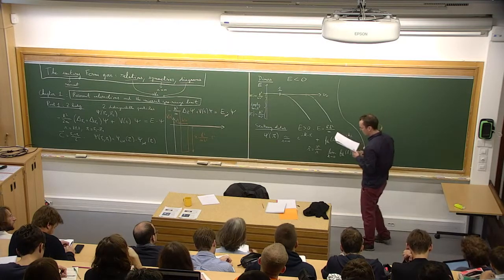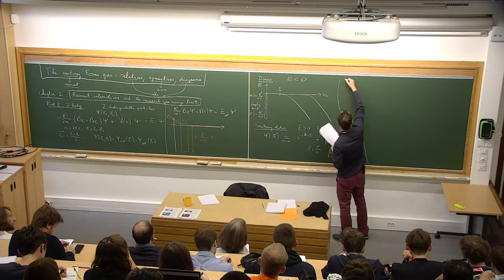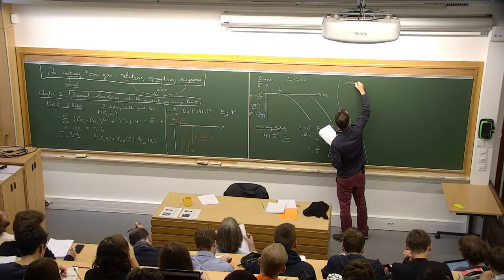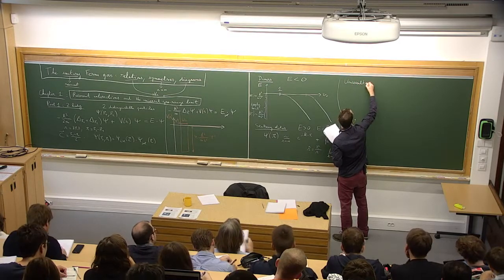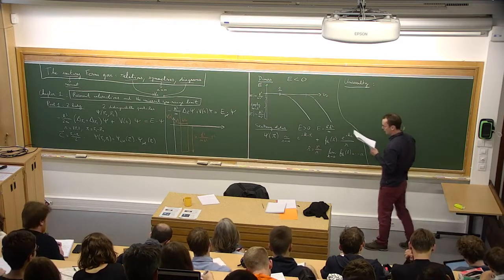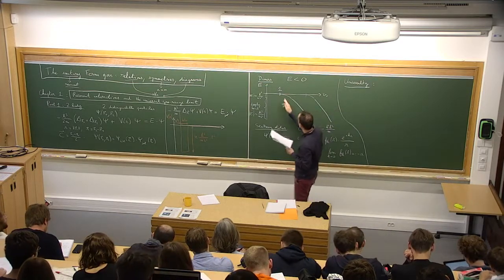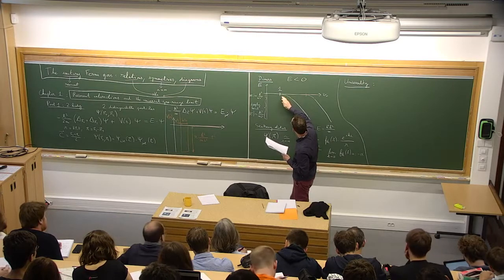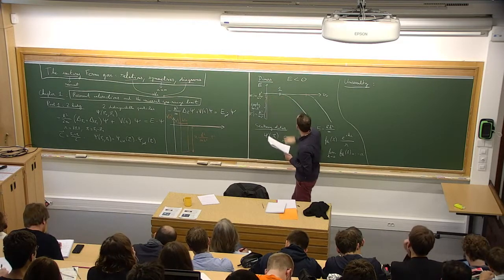Now the interesting story for us is that there is universality here. And this universality happens, for example, if we are here where we have this weakly bound dimer.